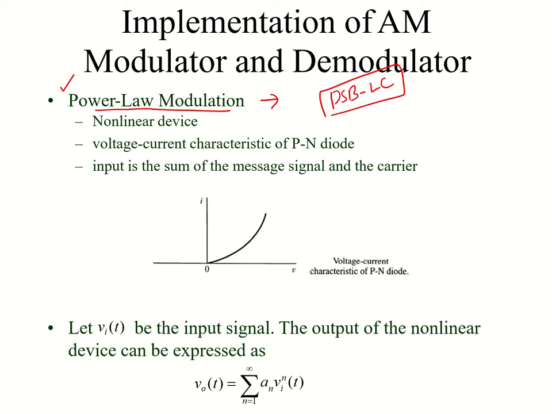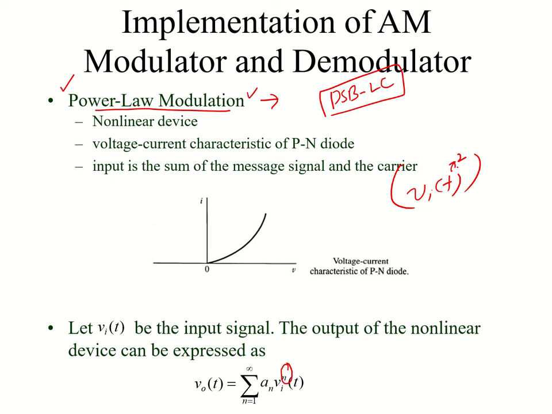A power law modulator is basically this: if we have an input signal, we just take its square. Power law means we are taking its power. We can take any power of that signal, for example the nth power. That is called power law modulation.